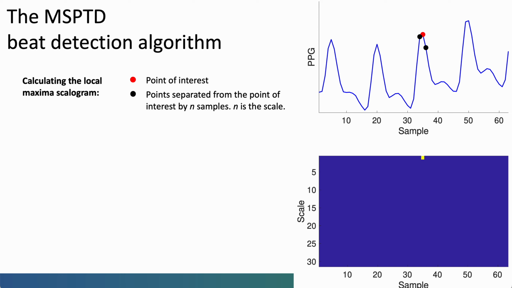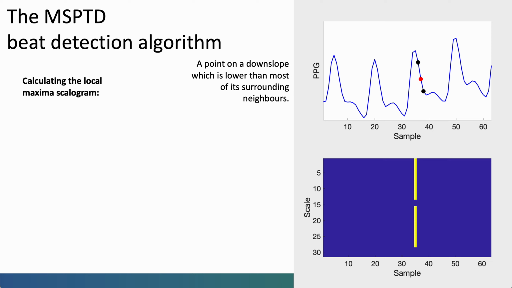If it is higher, then it populates this on the scaleogram with a yellow square, and it continues this process, increasing the scales from just one sample separation to multiple sample separation as we move down the scaleogram.